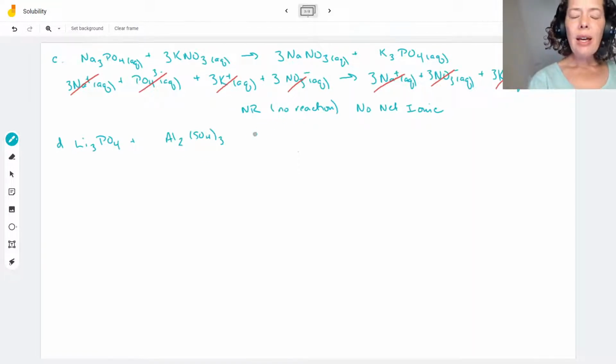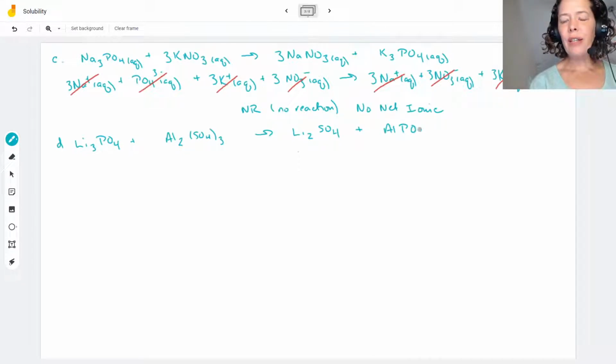Okay, so now again, double replacement. We'll make lithium sulfate and aluminum phosphate. Okay, I'm just making sure that I've made neutral compounds.